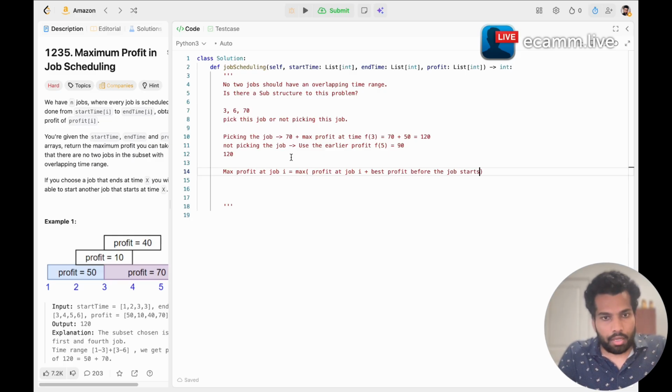That is one of the choices, which is picking the job, and the second choice is not picking the job, which is the best profit before this job ends. So these are the two choices which we have listed down here.